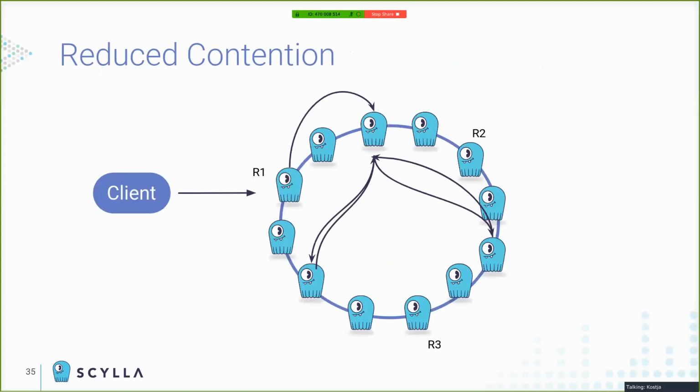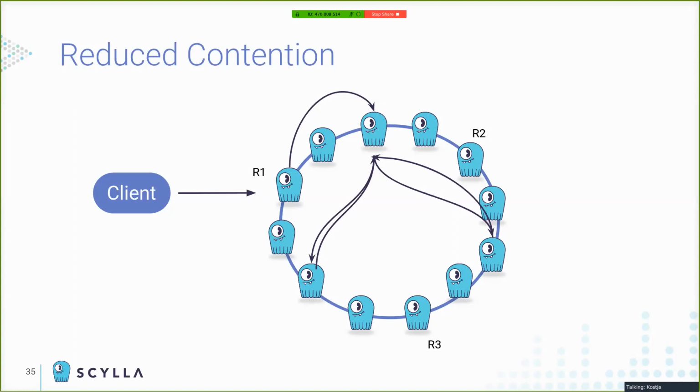So the next thing we did is being more friendly to drivers that don't support shard awareness. So you probably already know that it is not nice when you have to introduce an extra hop just to write your mutation because you initially sent it to the shard which is not responsible for the token corresponding to the mutation.